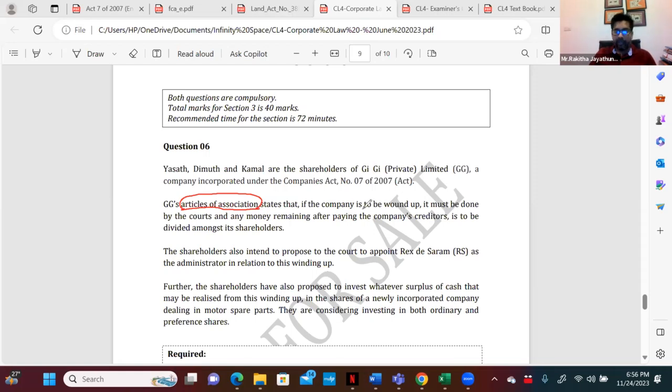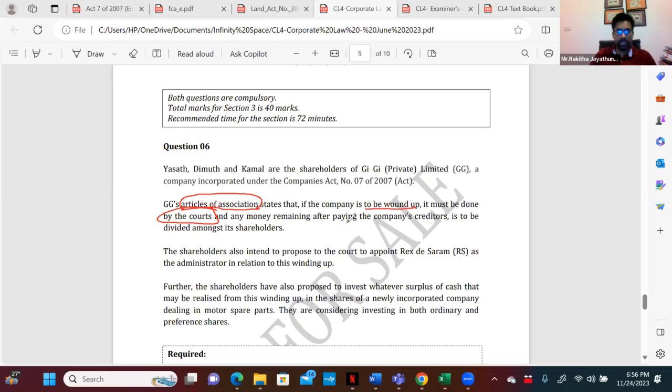It says if the company is to be wound up, it must be done by the courts. Here I explained at the very beginning, there are three modes of winding up: voluntary winding up, winding up by court order, and winding up subject to supervision. Here they are referring to winding up of a company by a court order.